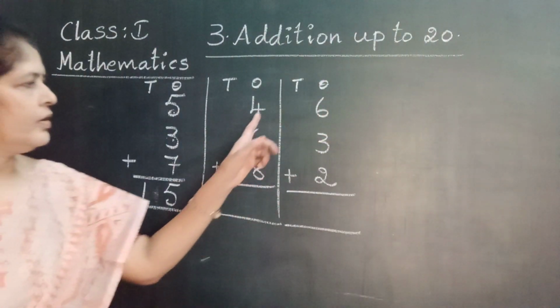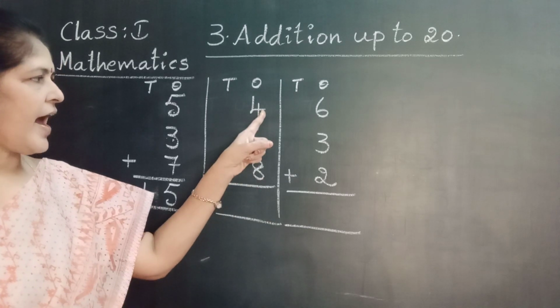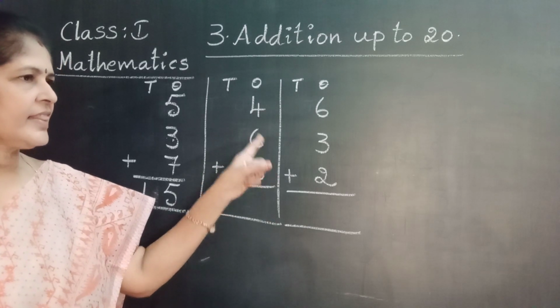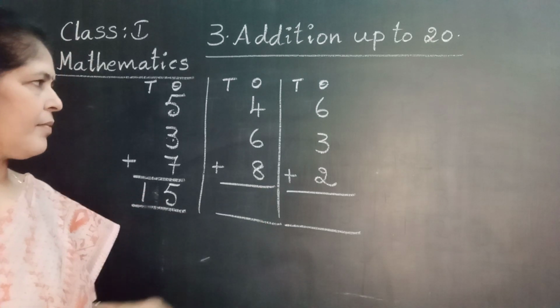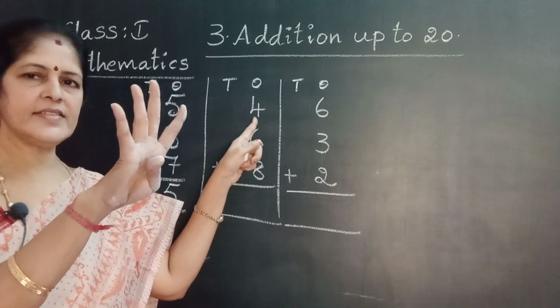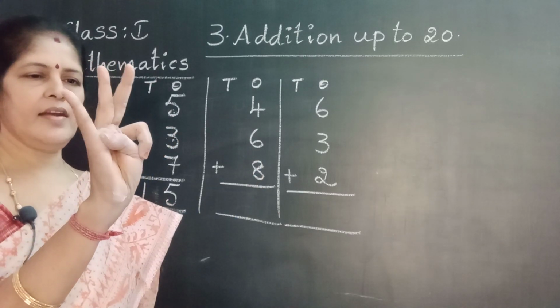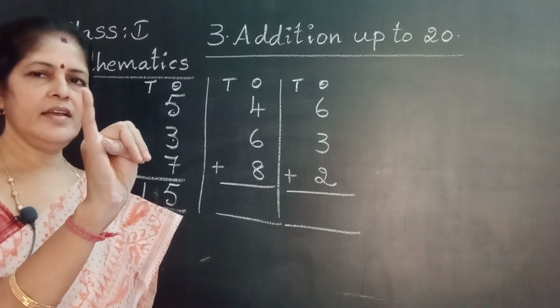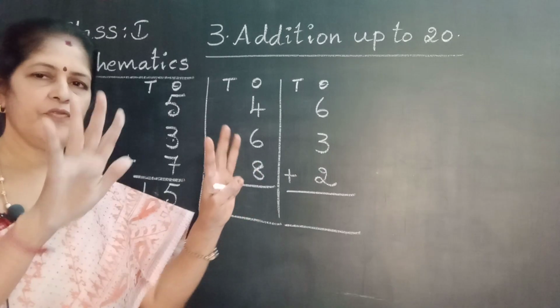Next one. 4 plus 6 plus 8. First add 4 and 6. Then we add 8. Now ready? Come on. Take 4 fingers. 6 after. 7, 8, 9, 10. 10 in the mind. Take 8 fingers.